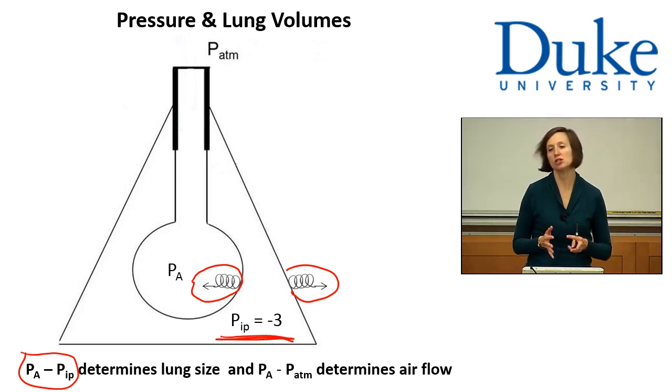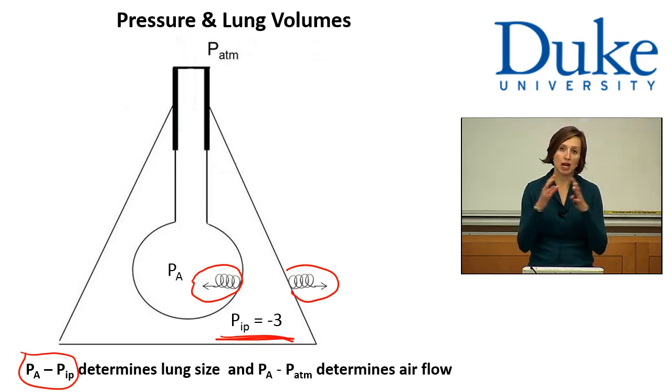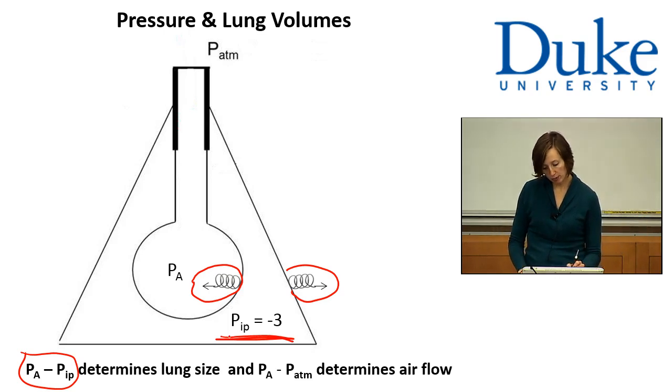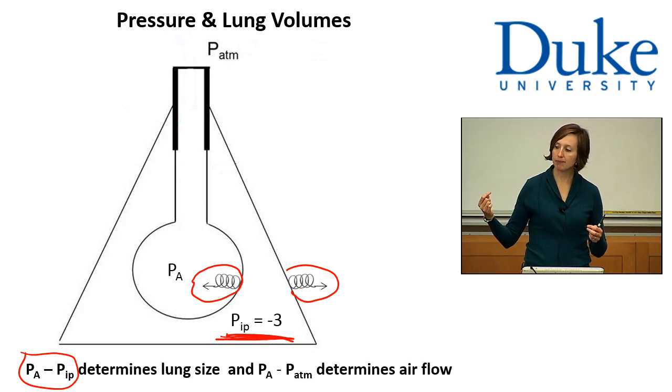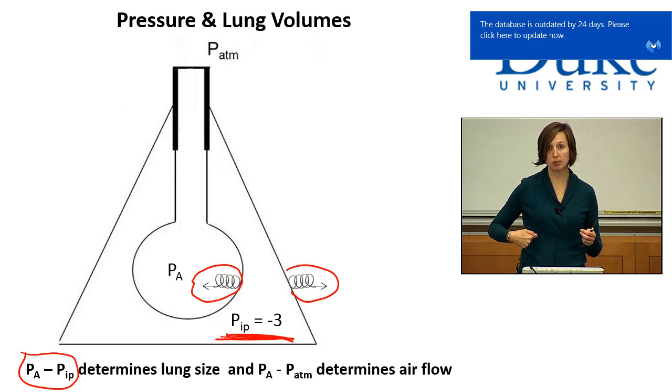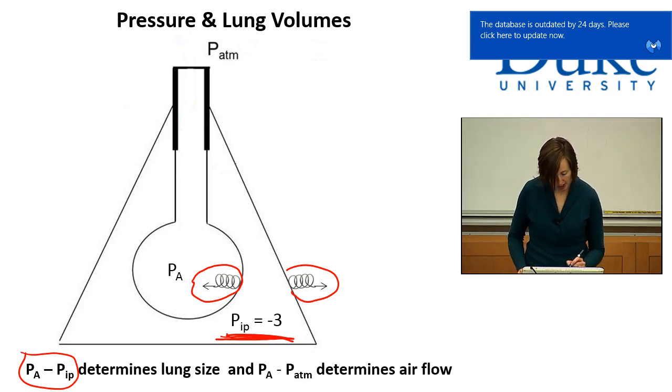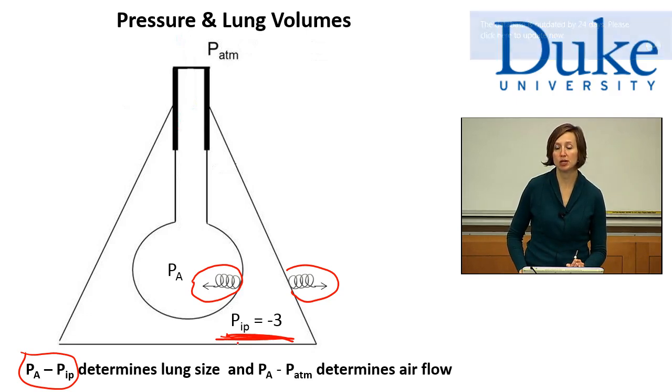The important thing, too, is that for the lung to stay open, the intrapleural pressure needs to be less than the alveolar pressure. Even if it becomes equal, you're going to have an issue, and this is what happens in a pneumothorax when, for instance, you get stabbed or somehow poked so that you allow air to enter that pleural sac, which then makes this intrapleural pressure equal to 0, which means that it's equal to alveolar pressure.